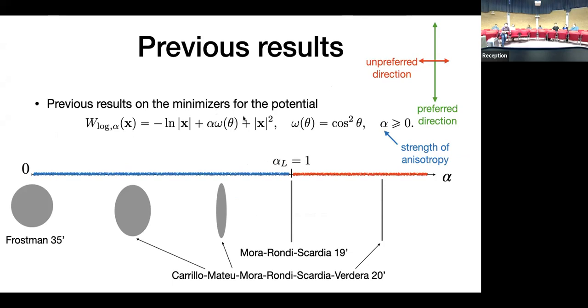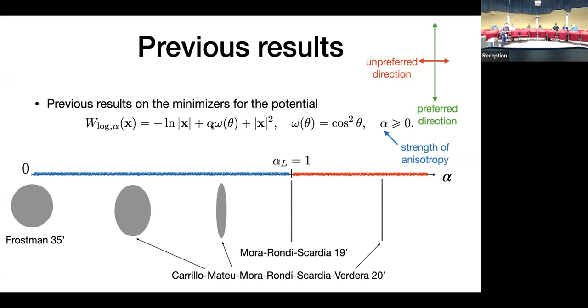By the way, this is also a very common way of studying phase transitions in this kind of energy minimizers. You just build a class of interaction energy by inserting some parameter like this alpha here. This alpha describes the strength of the anisotropy.